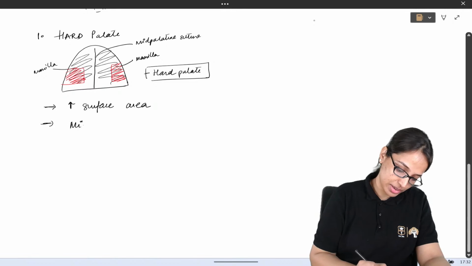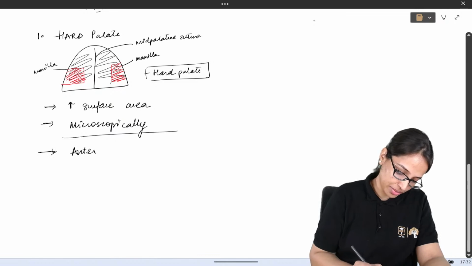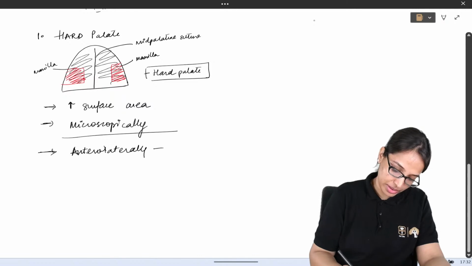Microscopically, if we see, there are certain features of the hard palate that will help you understand why support is derived from the hard palate. Firstly, anterolaterally in the hard palate, the epithelium which is present is keratinized.